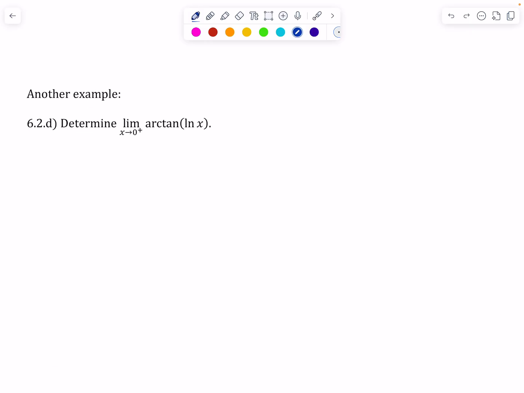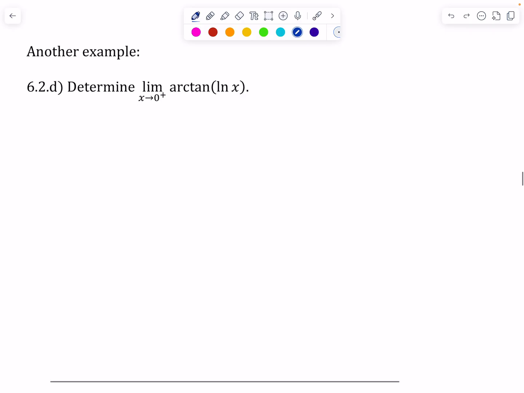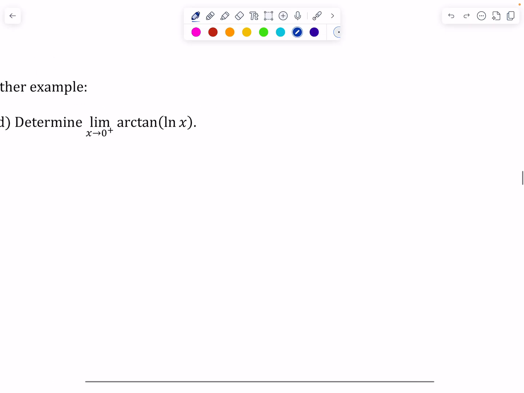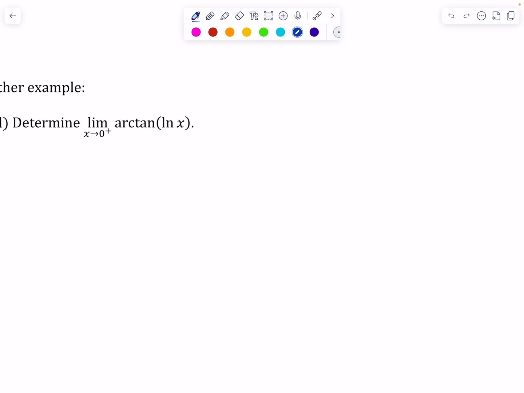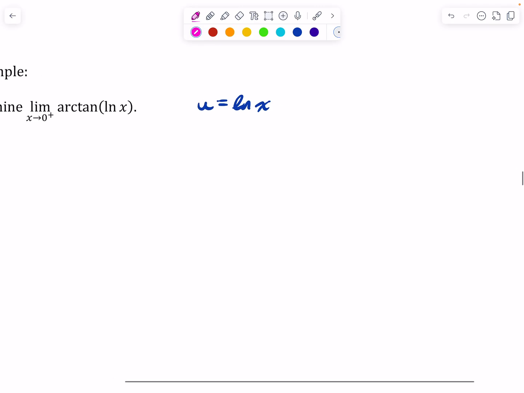Okay. Yikes. As x goes to 0 from values above for arctan of ln of x. I could do that. No sweat. And so can you. Let u equal ln x. And I want to picture what happens as x approaches 0 from values more than 0.